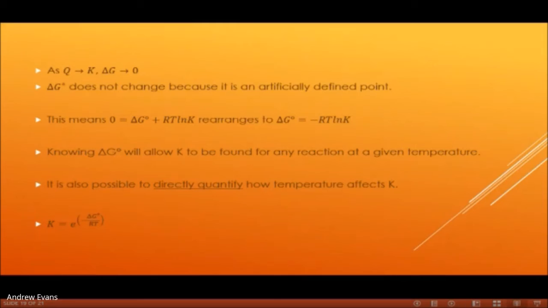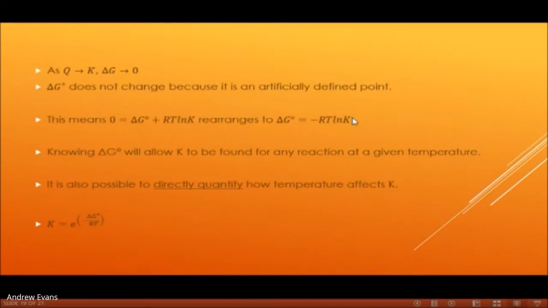So if we know that delta G equals 0 at equilibrium, we have an equation that looks like this: 0 equals delta G standard plus RT ln K. Getting these to opposite sides, we get delta G standard equals negative RT ln K.